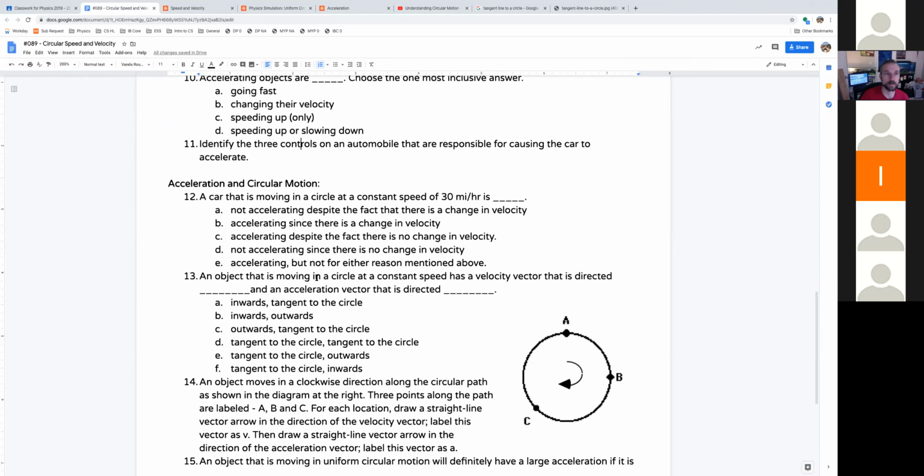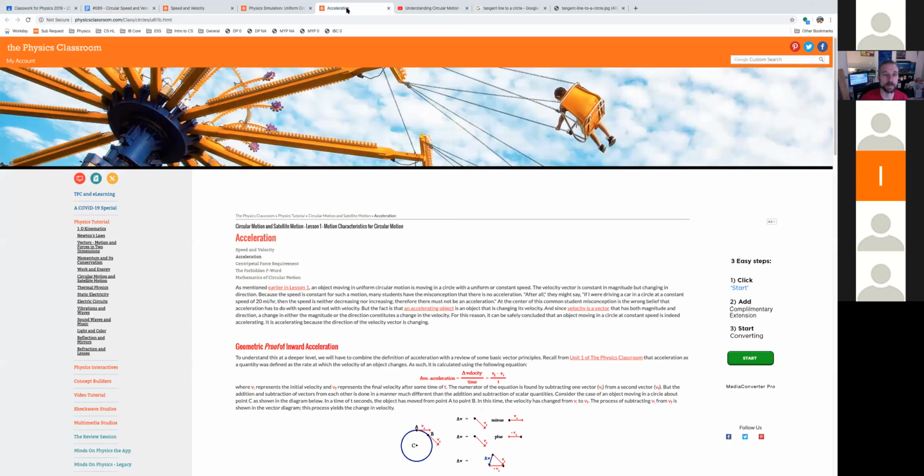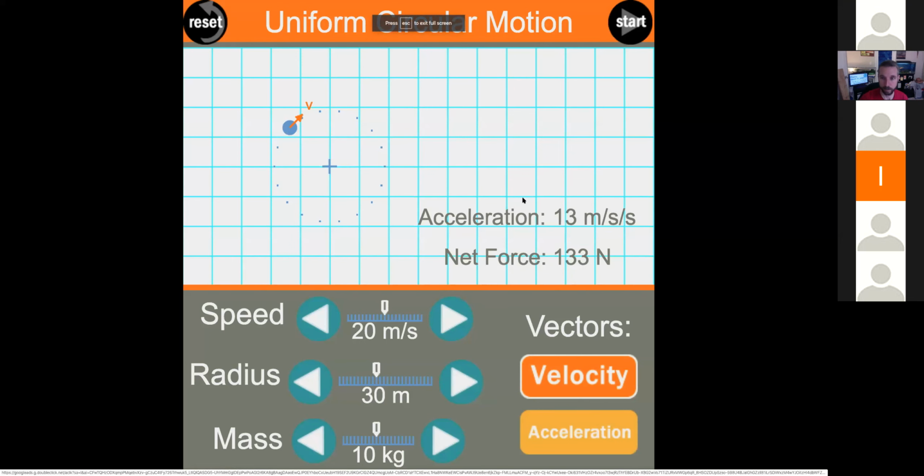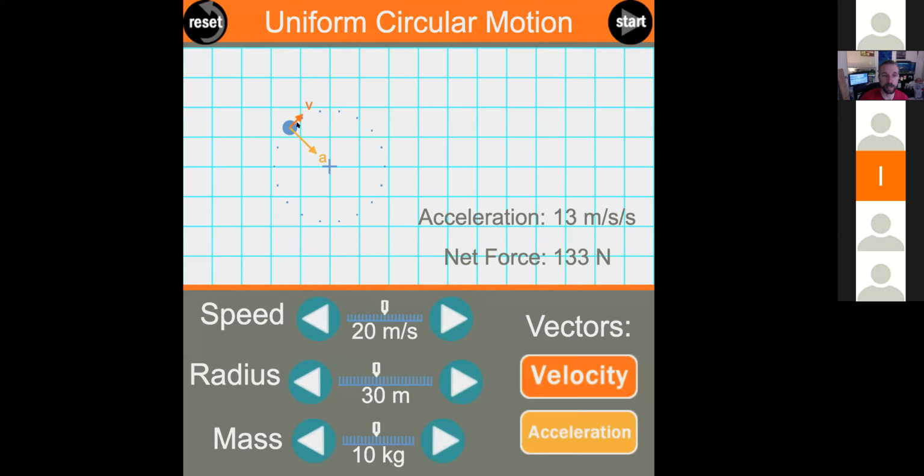Tangent. Say that louder. Tangent. Yep. So one more time, looking at this, we see the velocity vector is tangent to the circle. And what direction is the acceleration vector in? Inwards. Inwards, beautiful.